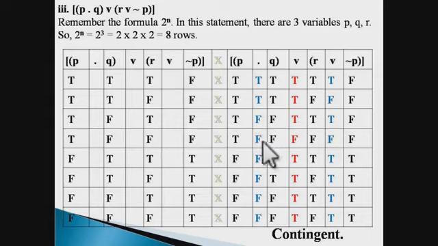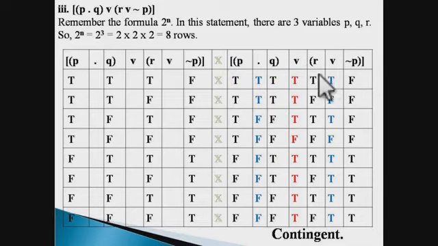True, false is false. False, true is false. False, false is false. It is only true when both conjuncts are true. So that's how we have these values. So we are done with this parenthesis.